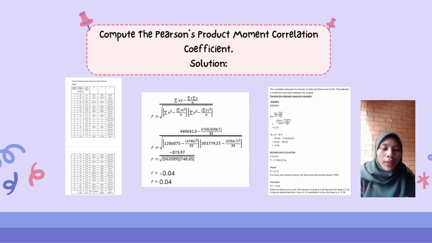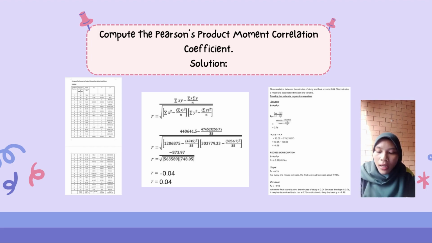For B0, we get negative 9.98. The slope is 0.76: for every minute of study increase, the final score will increase about 0.76. For the intercept negative 9.98, when the minutes of study is 0, the final score is negative 9.98.